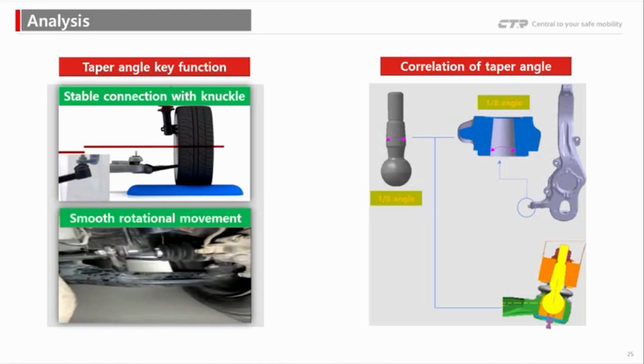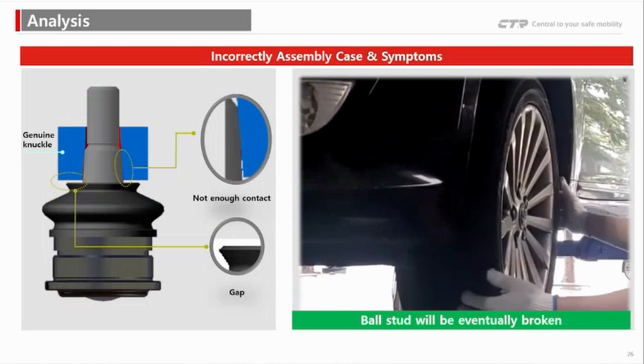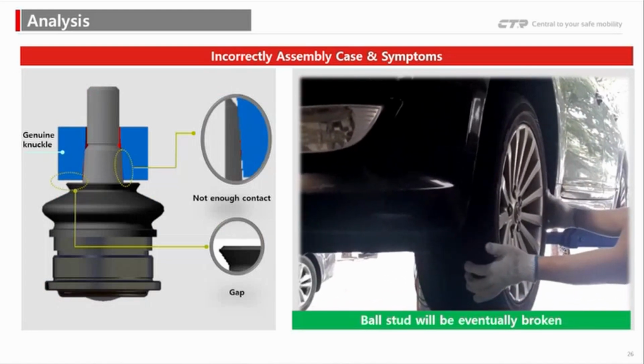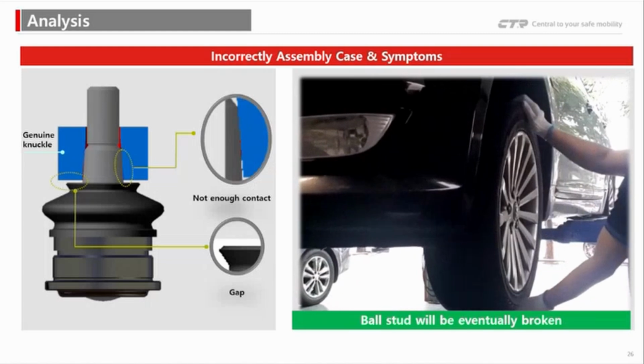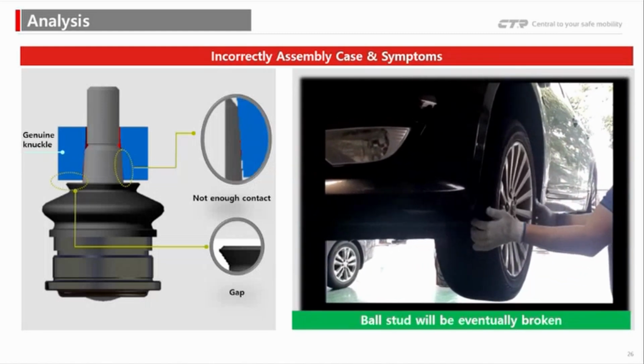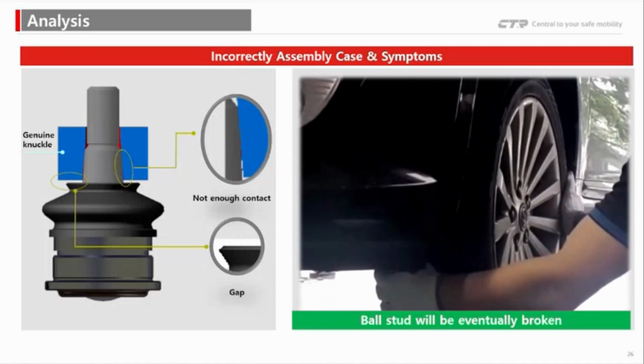loose fitting, or even joint failure, especially under dynamic driving conditions. This slide highlights the risk of inserting a counterfeit ball joint into a knuckle. On the left, you can see the cross-section diagram showing what happens when a fake ball joint with a non-standard taper angle is inserted into a genuine knuckle.